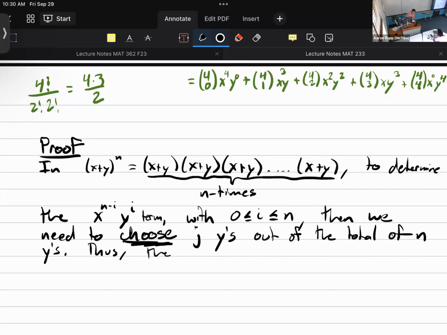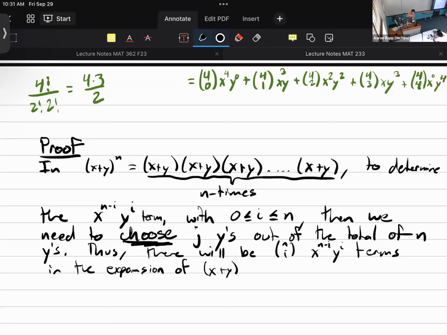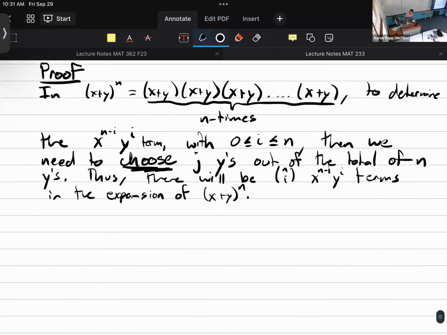Thus, there will be n choose i, x to the n minus i times y to the i terms in the expansion of x plus y to the nth power.